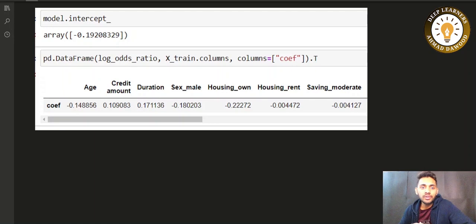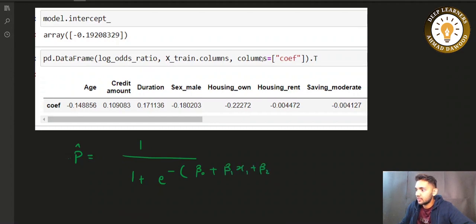Okay, so now we will discuss how we can interpret coefficients of logistic regression. We have these coefficients here. Our equation usually looks like this: p cap is equal to 1 over 1 plus e raised to power minus, let's say, beta 0, which is the intercept, plus beta 1 x1 plus beta 2 x2 up to beta n xn.